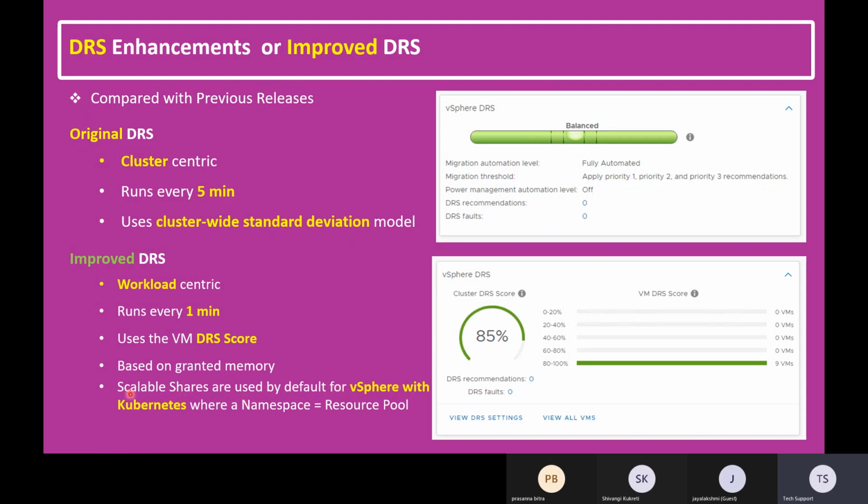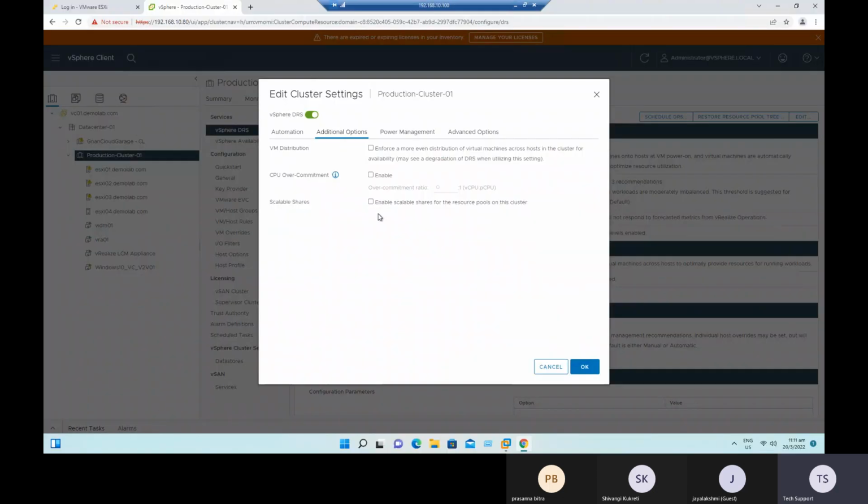During the vSphere with Kubernetes scenario, I will explain scalable shares in detail. This scalable shares is also a default feature. If you want to enable it, you can just enable it. But currently we haven't configured Kubernetes. When we configure Kubernetes, I will show you the importance of scalable shares.